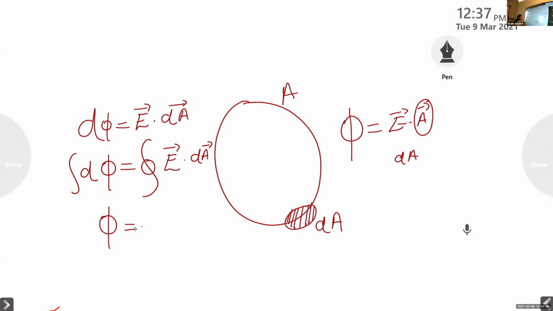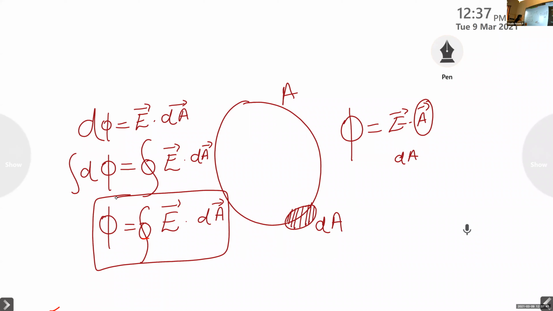Phi is equal to closed surface integral of vector field E dot vector dA. This is our third definition for electric flux: the electric flux phi is equal to the closed surface integral of the electric field vector dotted with the area vector. Clear?